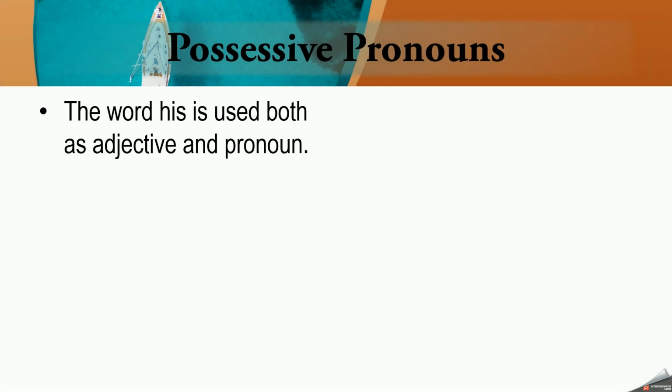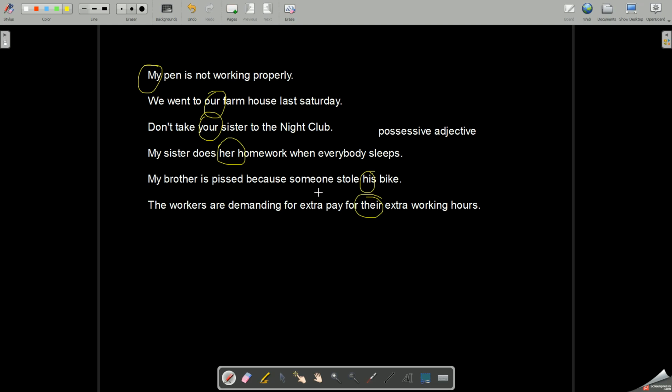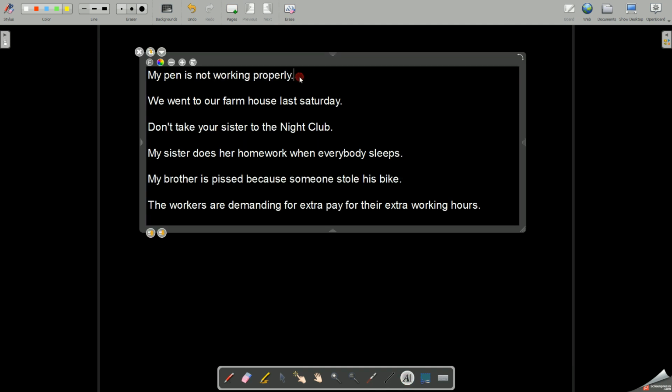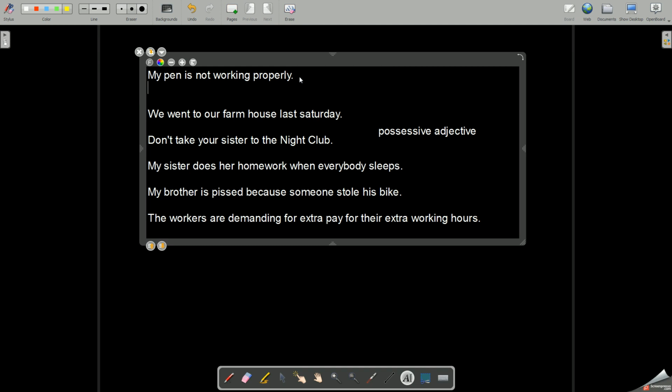Possessive pronouns. The word his is used both as an adjective and pronoun. Like over here, my brother is pissed because someone stole his bike, so this is being referred to as a possessive adjective. If I slightly change these sentences now, how will they work? Suppose I write the alternative of all these sentences.